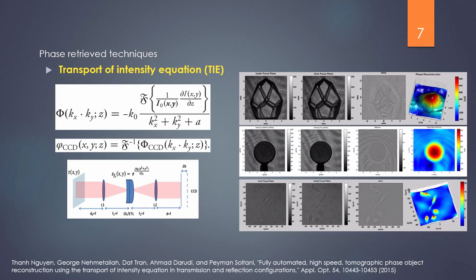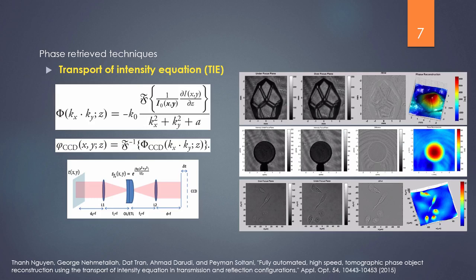Briefly, I want to introduce the phase retrieval techniques. The first one is the transport of intensity equation, or TIE. The TIE is a technique using multiple images in the axial direction, at least 2, to reconstruct the phase of the object. In the equation I have to measure the gradient of the intensity change, so I have to capture the image at this distance and another distance.